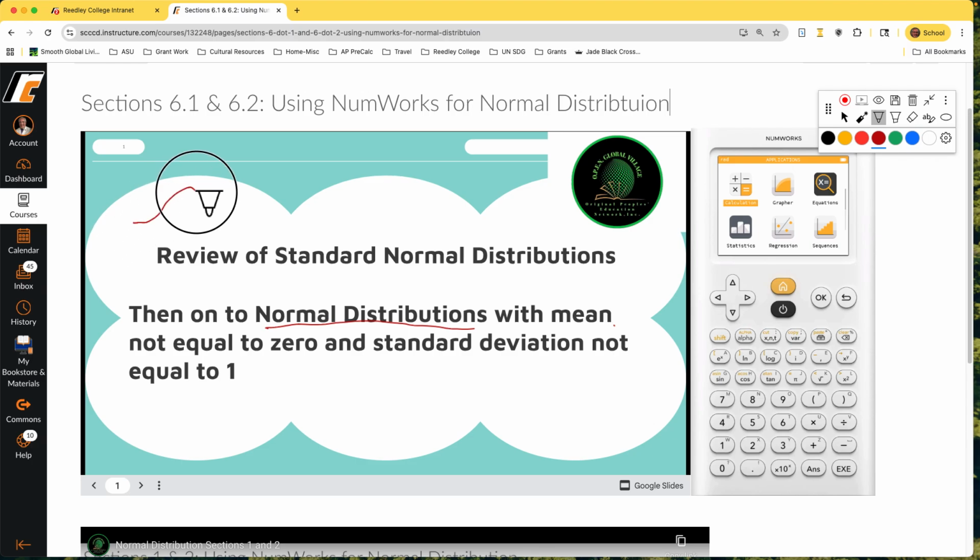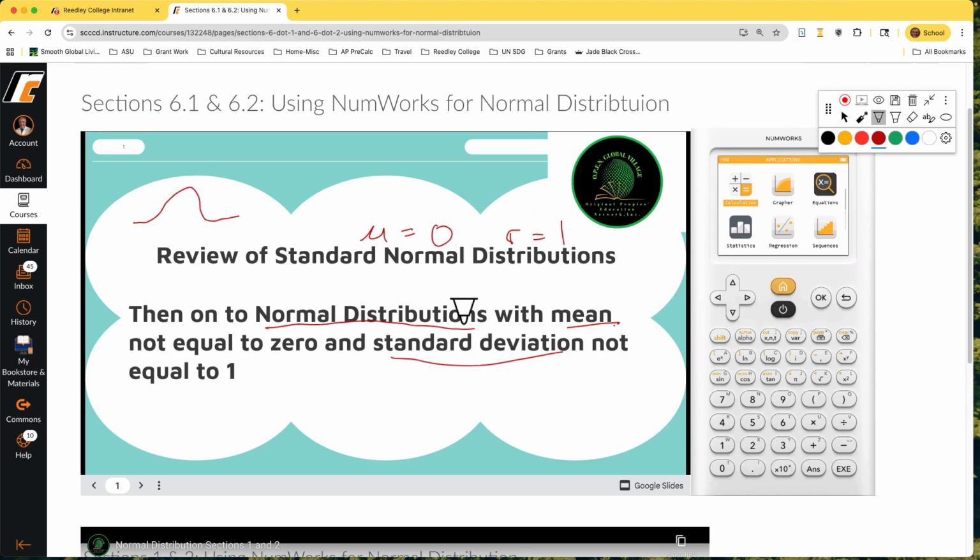A bell. It's symmetric. So normal curves, normal distributions are symmetric. That's a key part. And then it has a mean and a standard deviation. When we have standard normal, the mean will always be equal to 0 because it's been standardized, and the standard deviation will always be equal to 1.